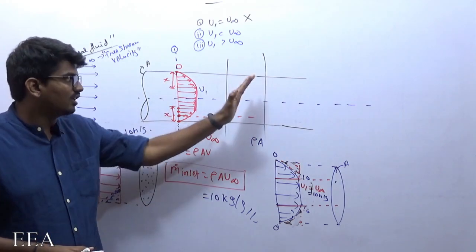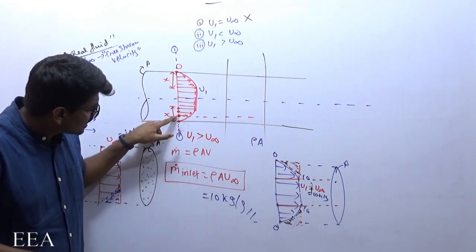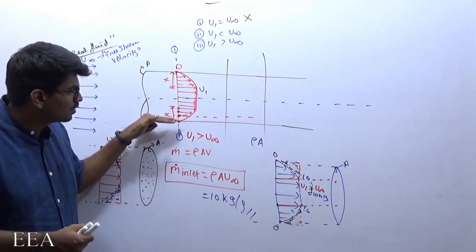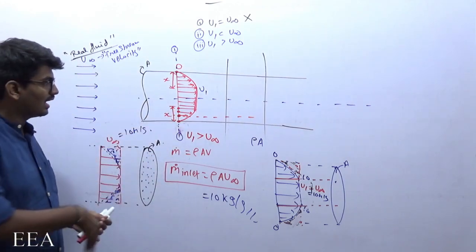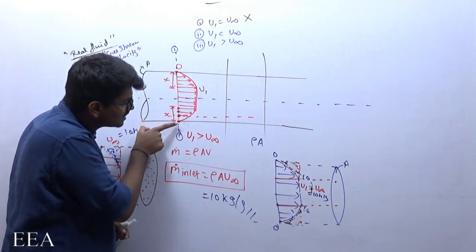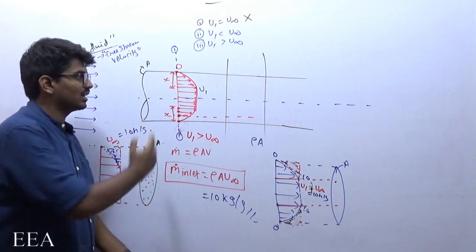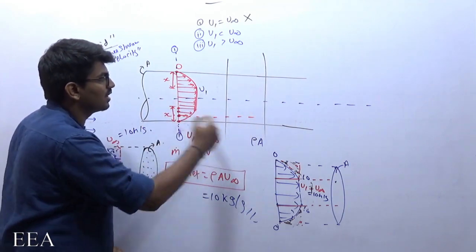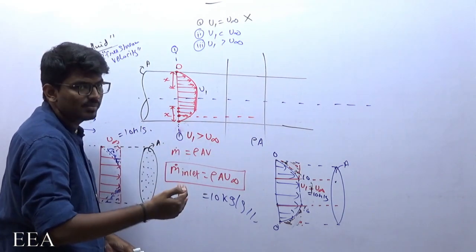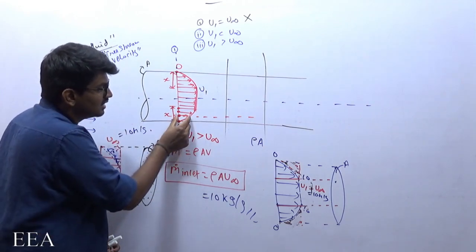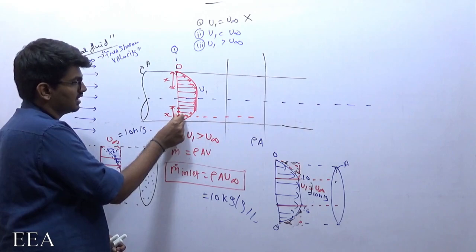As I am moving forward, there will be coercive force between these two fluid particles, as this fluid particle was in contact with the fluid particle which is at rest for more time. As I am moving from here to here, it is in contact with the rest fluid particle for more time. If it is in contact with the rest fluid particle for more time, this is going to get retarded further.